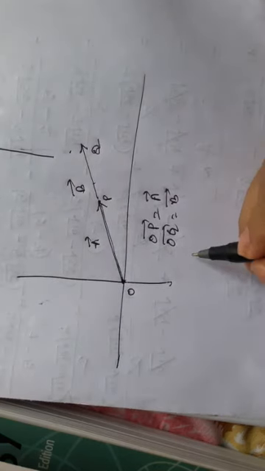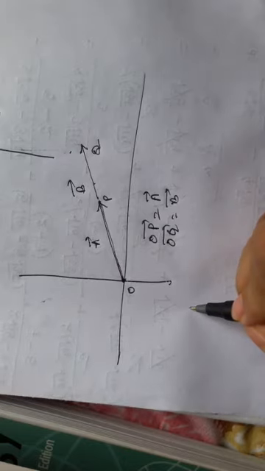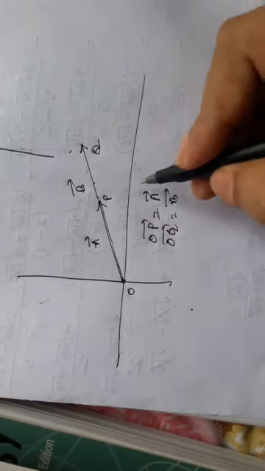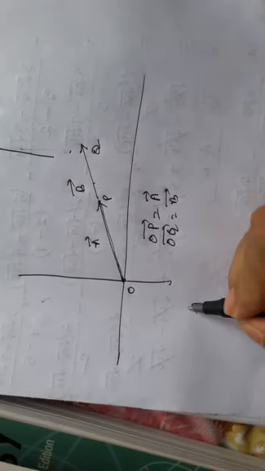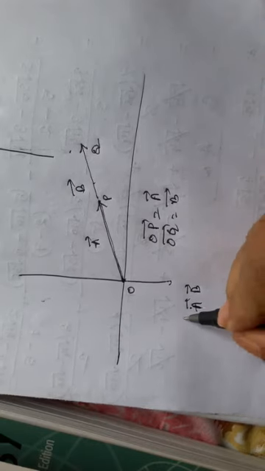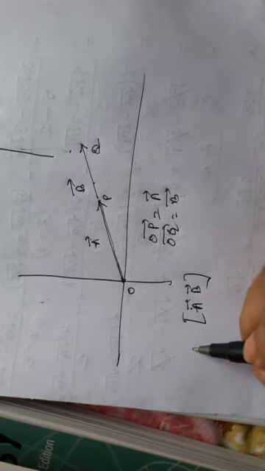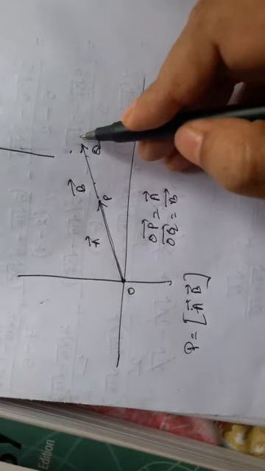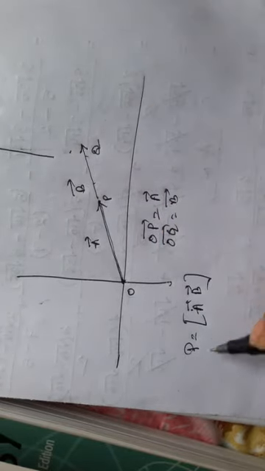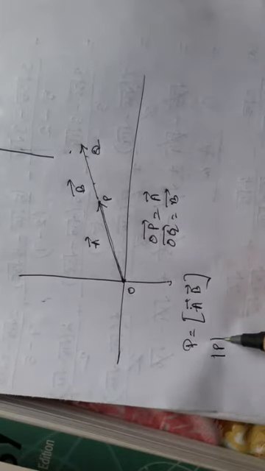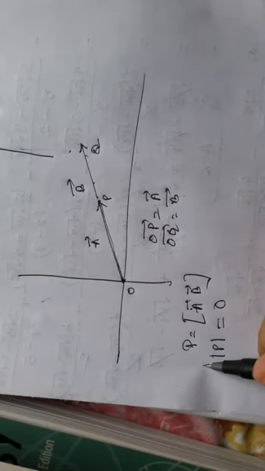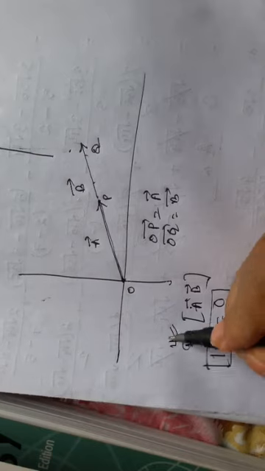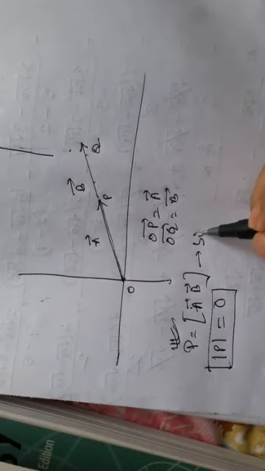Then the matrix formed by these two vectors, if I call it P, since they are collinear, meaning they lie on the same straight line, the determinant value of P must be 0. That is, the matrix must be a singular matrix.